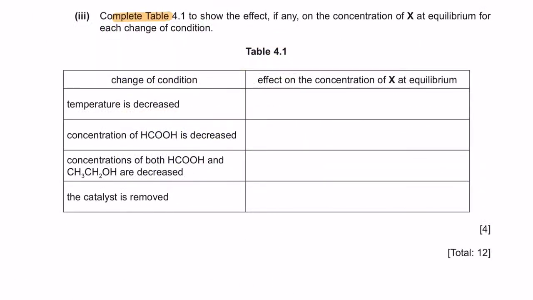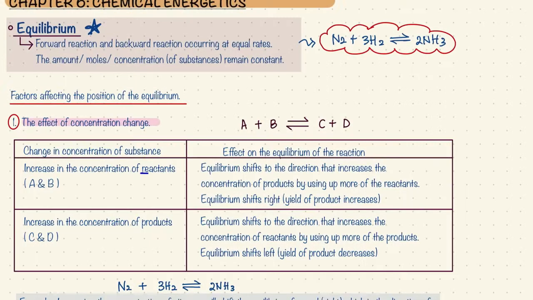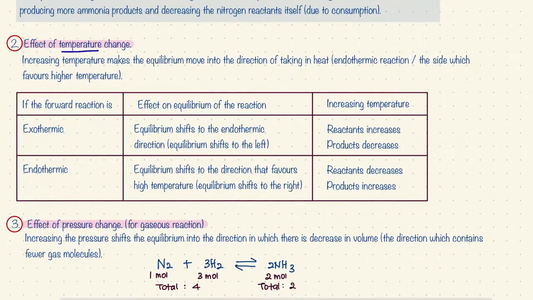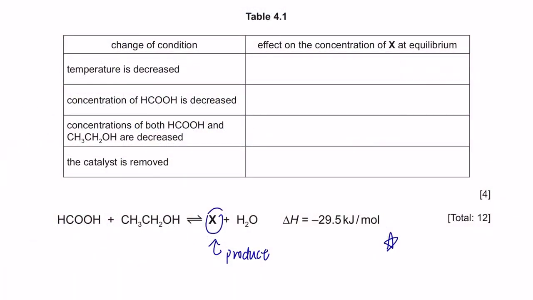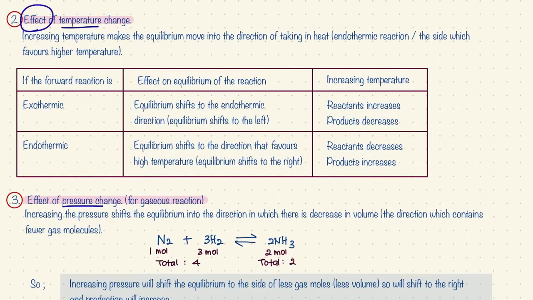Complete Table 4.1 to show the effect, if any, on the concentration of X at equilibrium for each change of condition in Table 4.1. Okay, there are 3 factors that affects the position of the equilibrium: concentration, temperature, and pressure. The first change of condition here is when the temperature is decreased. To check the effect of temperature, we first must find out if our forward reaction is exothermic or endothermic.